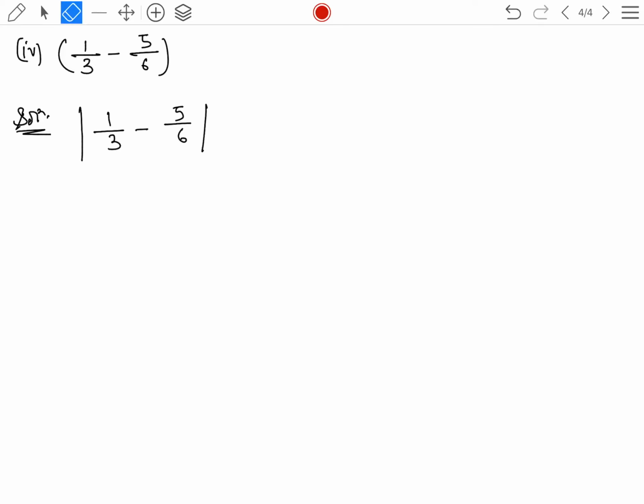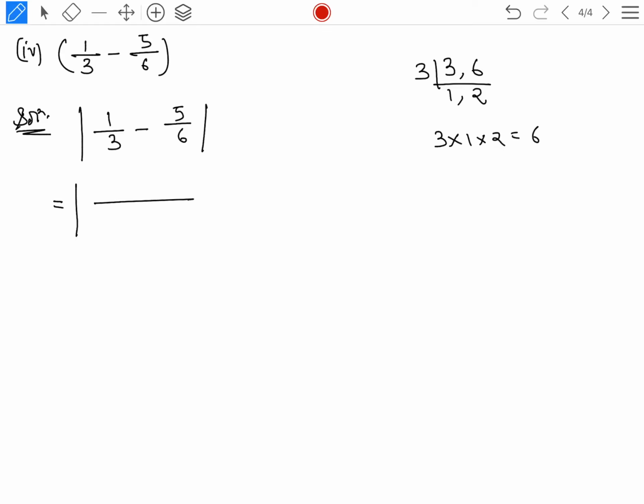Okay, subtraction of fractions. What is the LCM of 3 and 6? What is the LCM of 3 and 6? 1, 2. So LCM will be 3 into 1 into 2. That means LCM is 6.